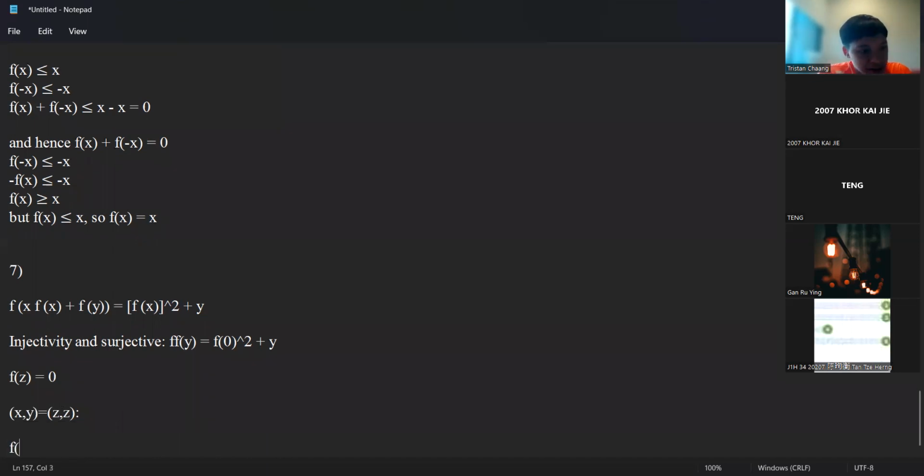So on the left hand side, we have z times 0, which is 0, and fz, which is 0. So that's 0, f0. On the right hand side, we have z.